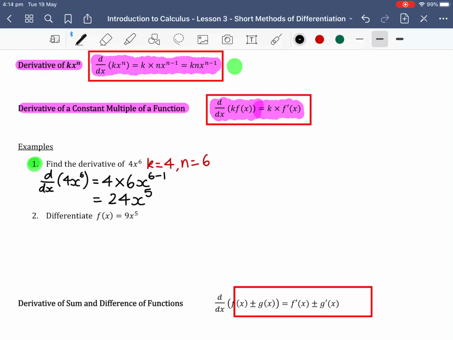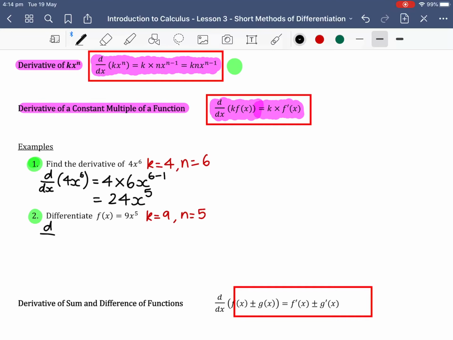If we were to differentiate f(x) equals 9x to the power of 5, this is the same as what we just did. So we have our k equal to 9 and our n equal to 5.